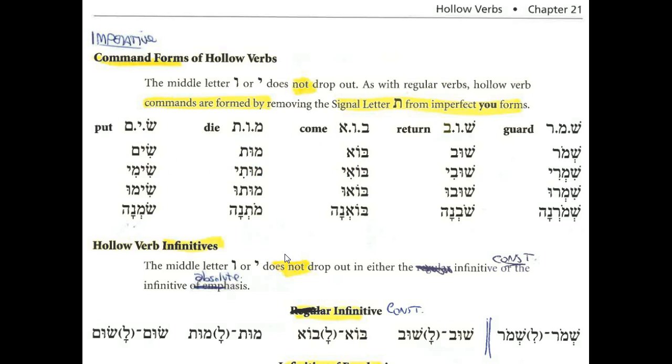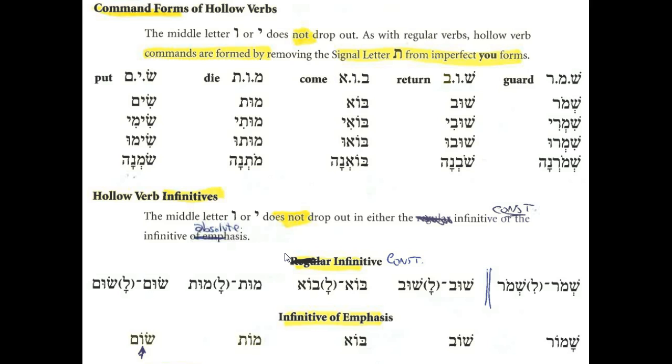The middle letter also does not drop out in the infinitive construct and in the infinitive absolute. What is particularly noteworthy about the infinitive construct is that the form of the infinitive construct, and maybe I can just highlight this for you, is identical to the imperative form.